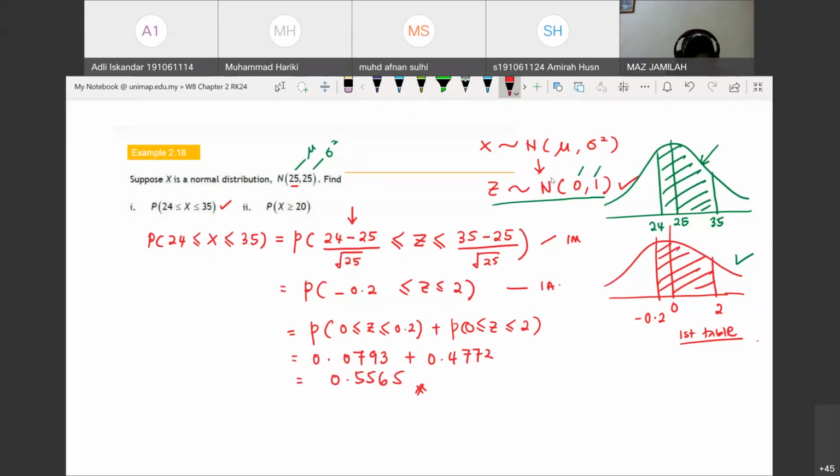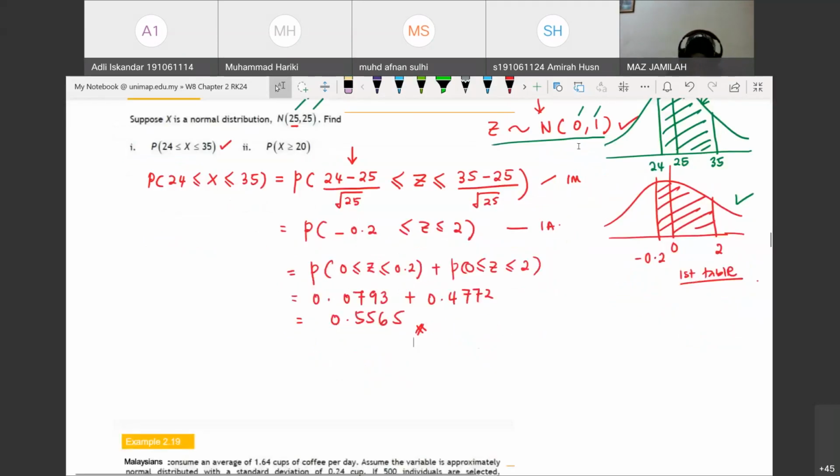So the probability for X greater than or equal to 24 and less than or equal to 35 is 55.65%. Okay, what about the second? P of X greater than or equal to 20.